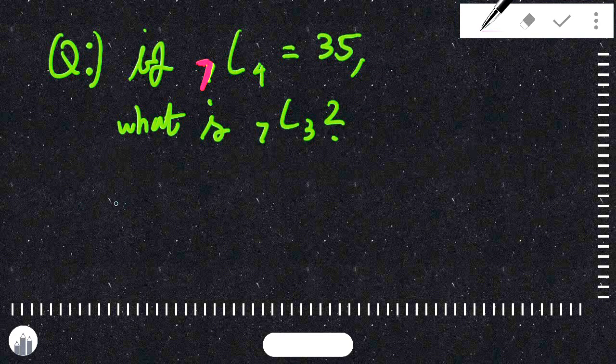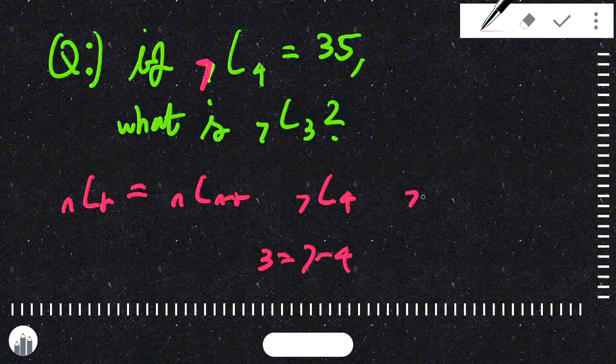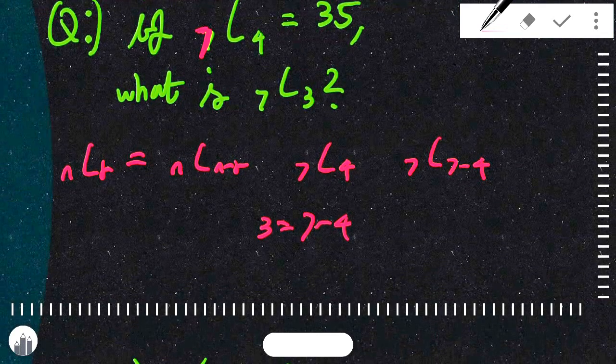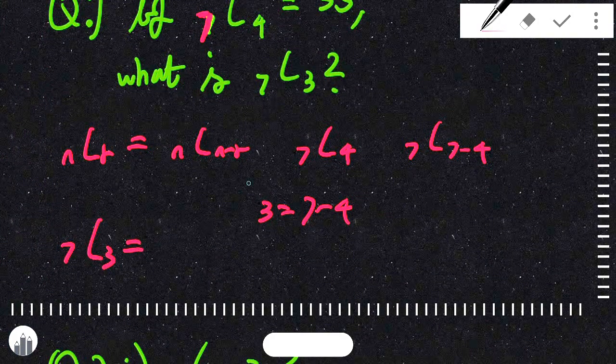We've learned earlier that nCr is equal to nC(n minus r), and that's exactly what we have here. We have 7C4, and for 3, we know that it's 7 minus 4, so we have 7C(7 minus 4). Therefore, 7C3 is exactly the same as 7C4, which is 35.